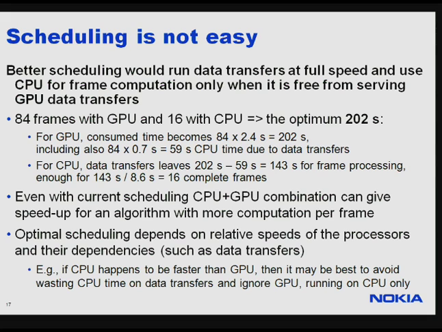So scheduling is not easy. If we knew better what's going on and scheduled better, we could get a speed improvement by using both of them at the same time. If we had 84 frames using GPU, then we would be 20% faster.